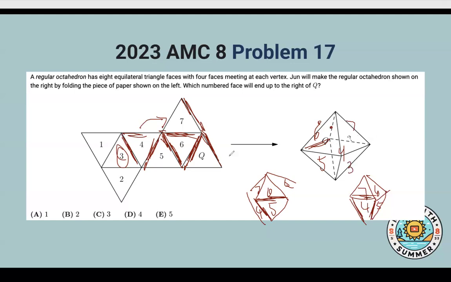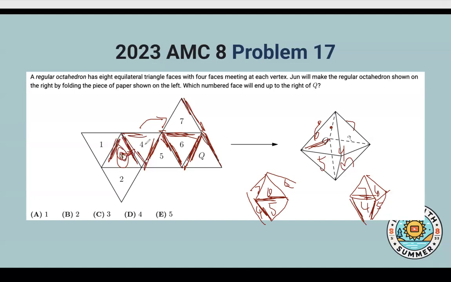And now all we have left is our one and our two. Currently, this side is the one being shared with four. Let me rewrite this real quick. It's the one where three is facing downward like this, with the back of three facing this part. Actually, this is poorly drawn.